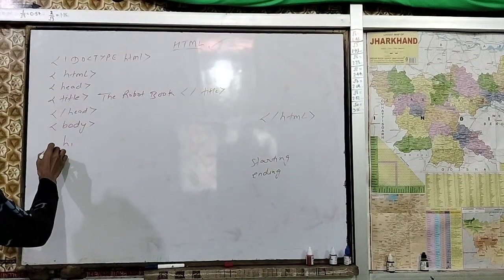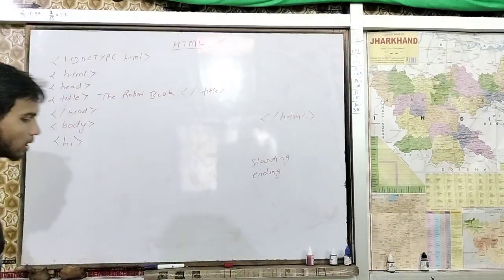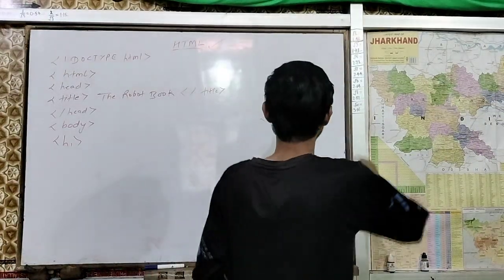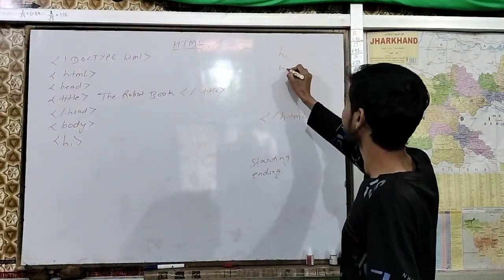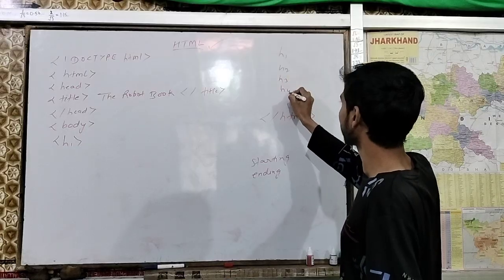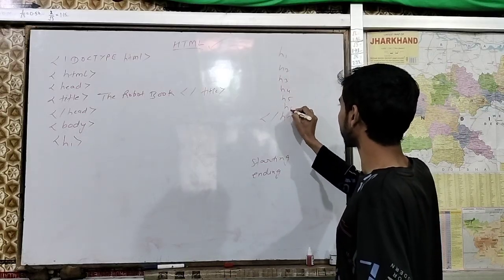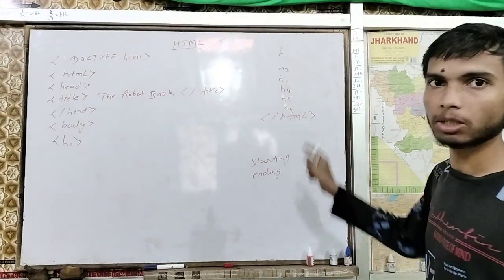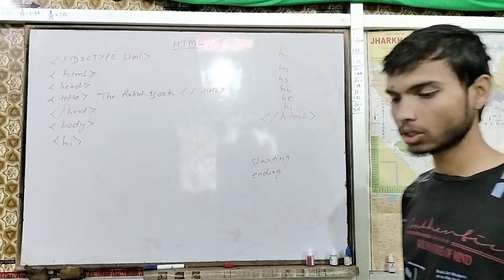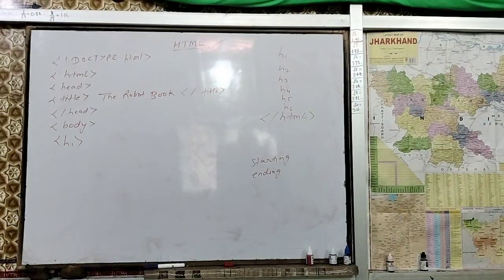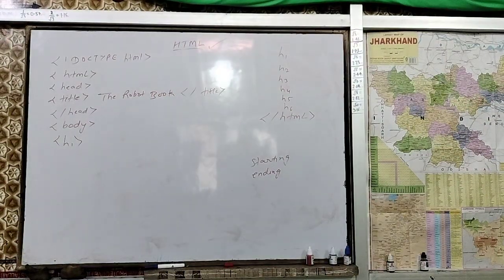This is H1. Look over here. H1, H2, H3, H4, H5, H6. What's the difference between them? This is what we need to understand.